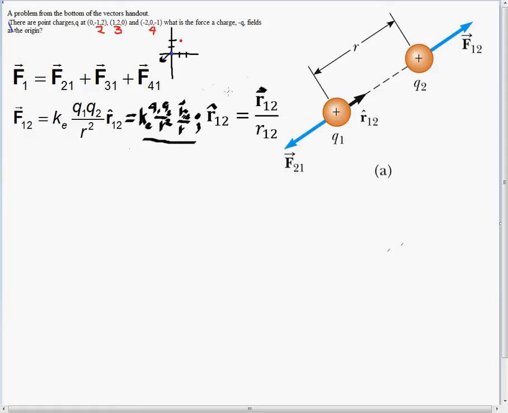R hat 12 is equal to r vector 12 divided by r12. You could do a dot product and see that the value of this fraction has got to be 1, so that's a unit vector, and its direction is determined entirely by the direction that r12 points. But what direction does r12 point? That's one of the key things we want to find out.